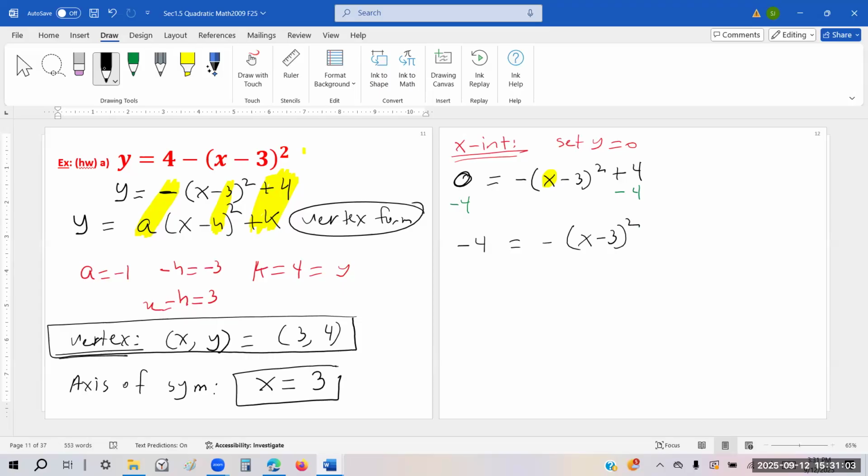And now which one do you get rid of? We have 3 next, negative in the front. So multiply by -1. So I get +4 equals (x minus 3) squared.